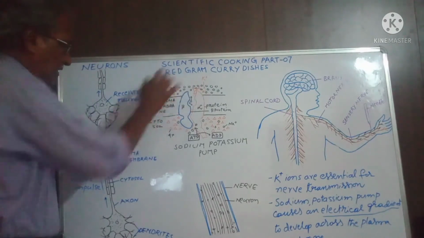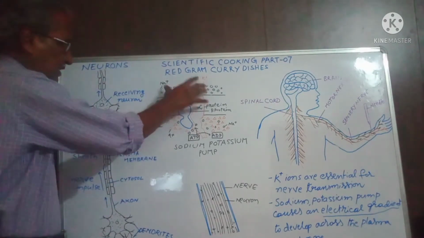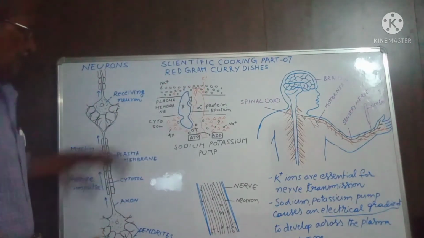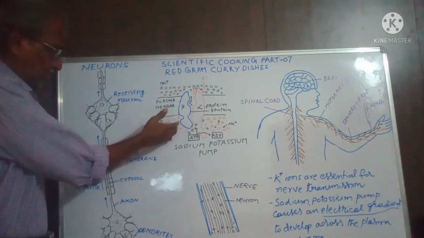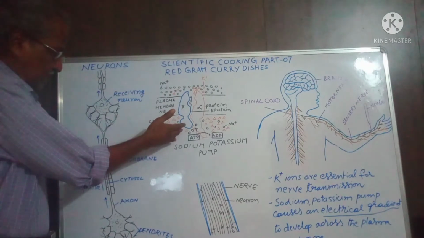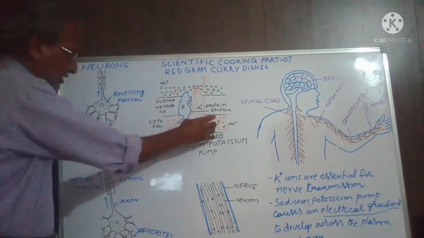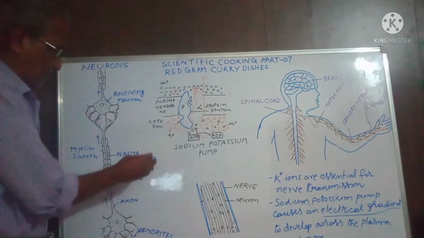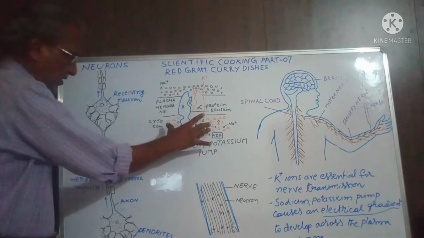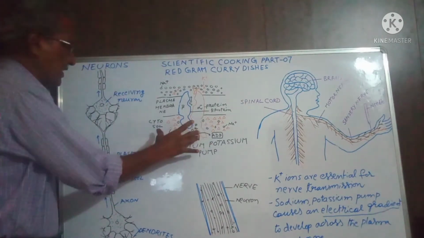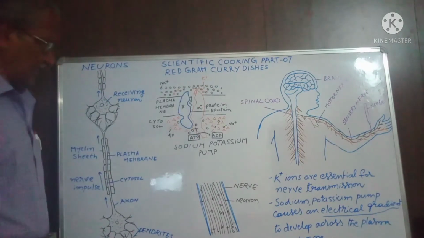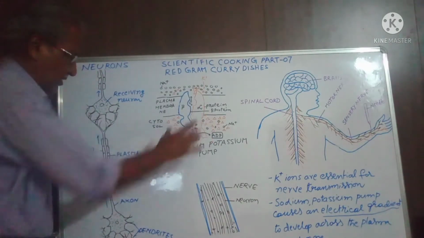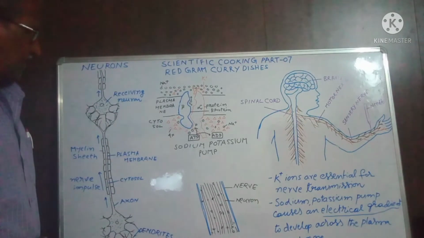That means sodium concentration is high on the surface of the plasma membrane. The cytosol, the cytoplasm of the neuron, contains potassium ions. That means potassium concentration is very high in the cytosol.